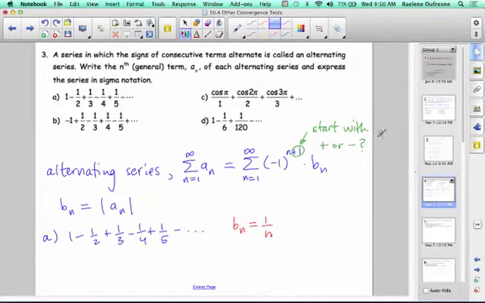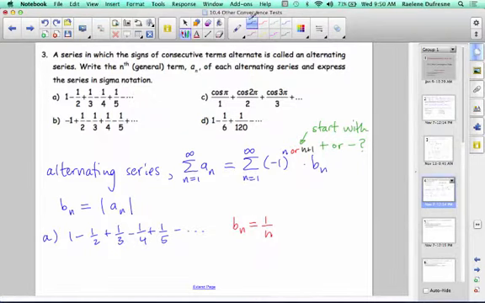So depending on whether we start with positive or negative, we will either have n or n plus 1 as the exponent. So I'm just going to write n here, or n plus 1. It's a bit crowded. And I'll write it like this, n or n plus 1.